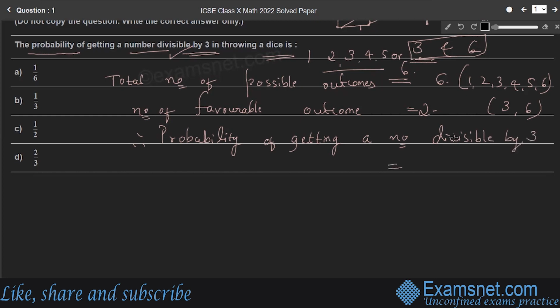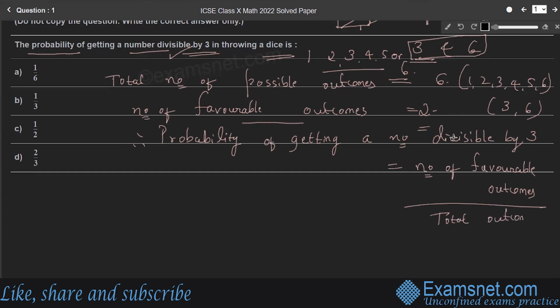is equal to, by the formula, number of favorable outcomes divided by total number of outcomes.